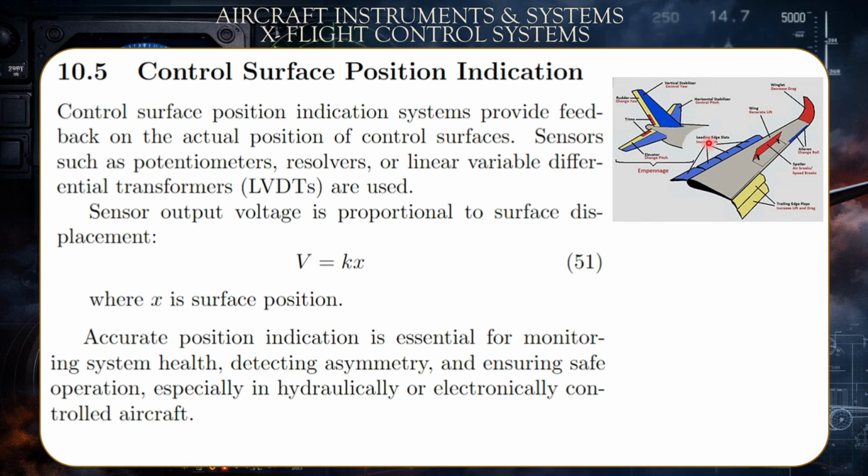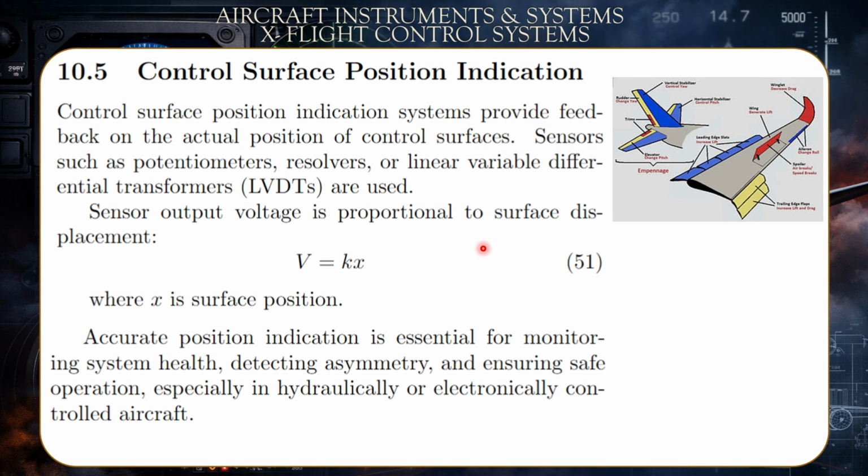So when the resistance changes, the value of voltage being detected would change. That would be processed and analyzed to understand the current angle of deflection for the spoilers, the flaps, the rudders, the ailerons, all of these controls.